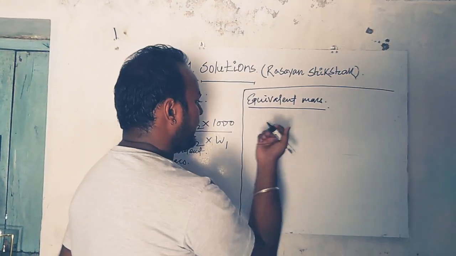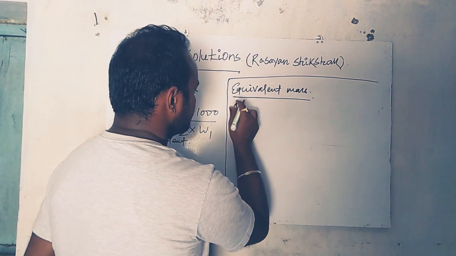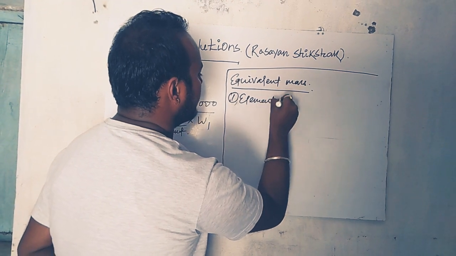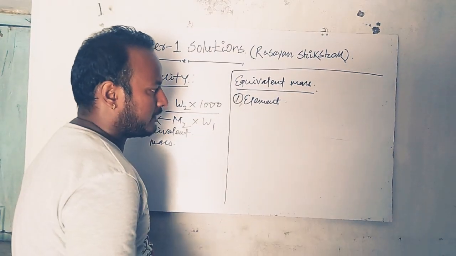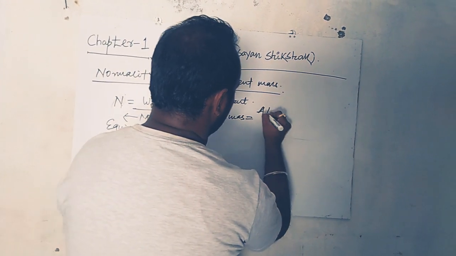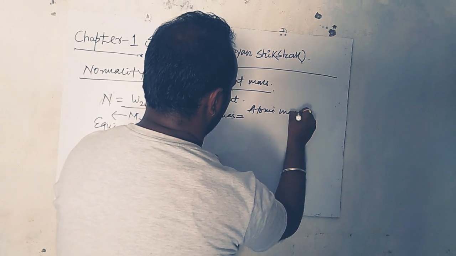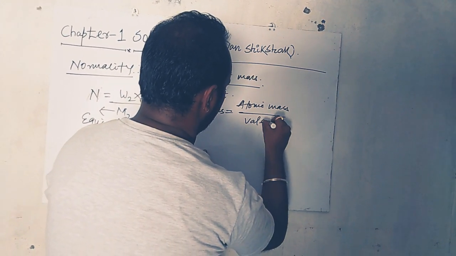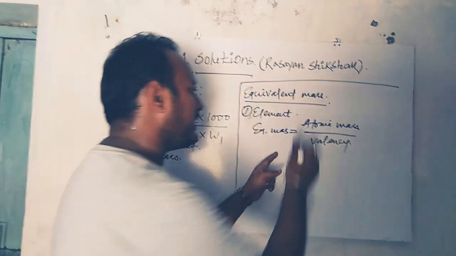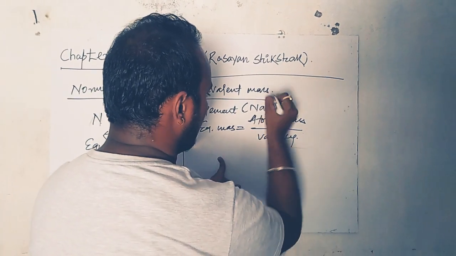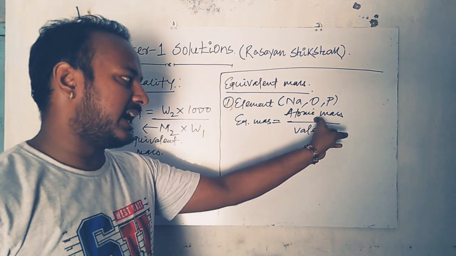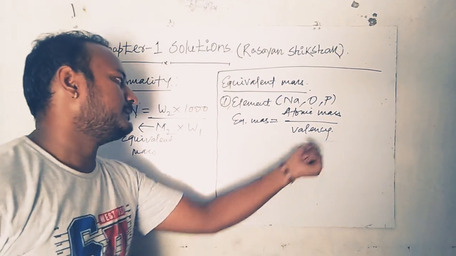For an element, the equivalent mass becomes atomic mass by valency. So if you need to calculate the equivalent mass for any element, for example sodium or oxygen or phosphorus, you need to put its atomic mass here and divide it by valency.